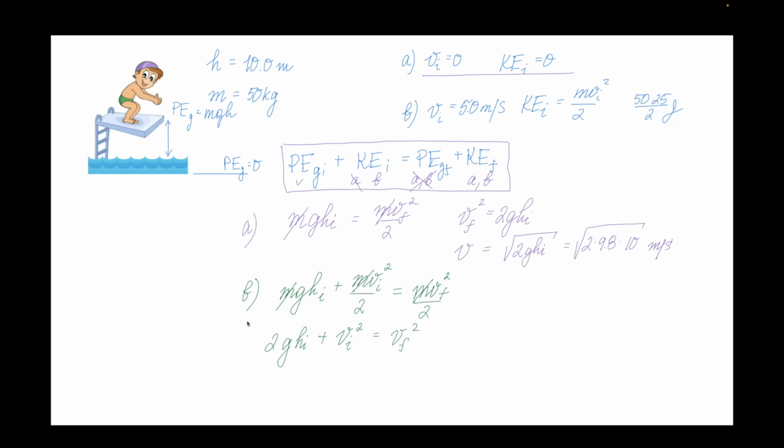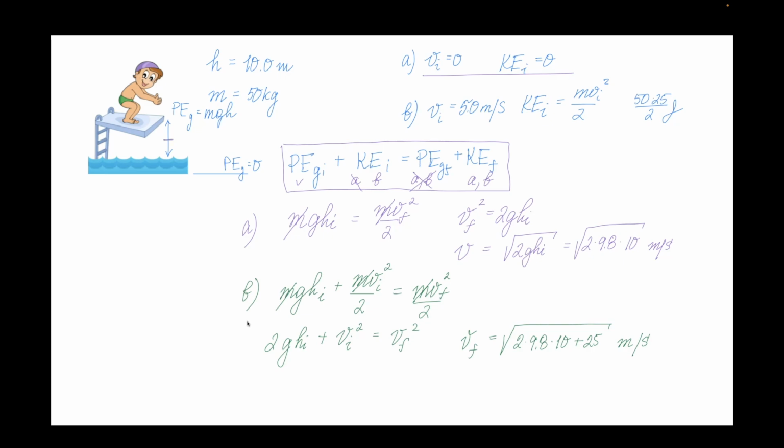Should remind you of the old formula that we had in kinematics. So then v final is going to be the root of 2 times 9.8 times 10, and then plus 25. That would be your answer to final velocity if the person doesn't just step off the board but jumps off the board.